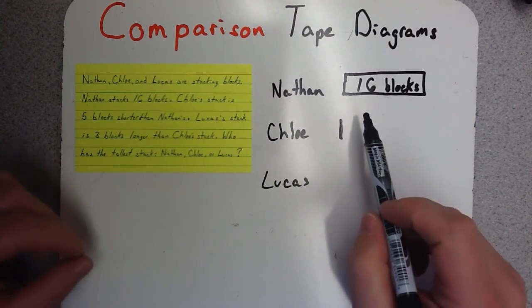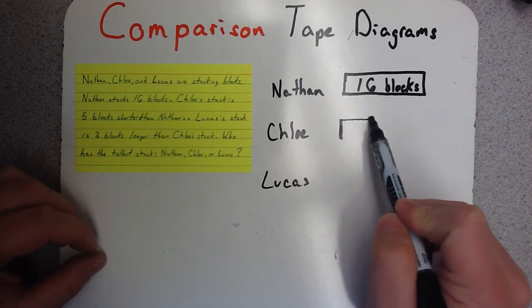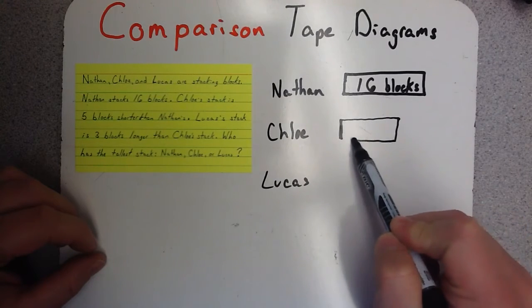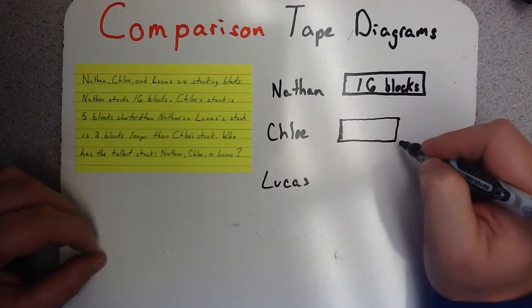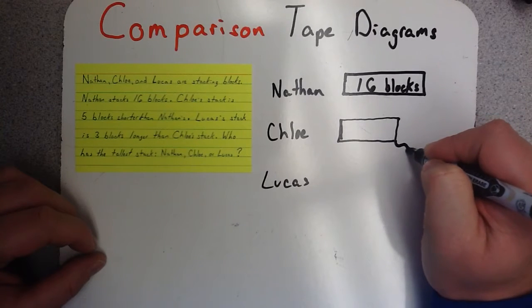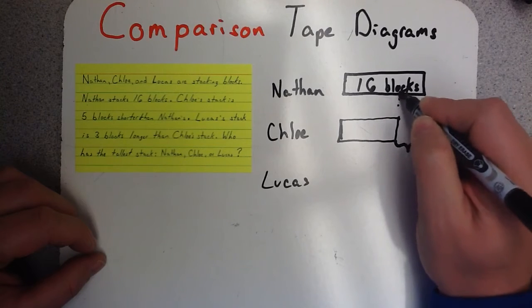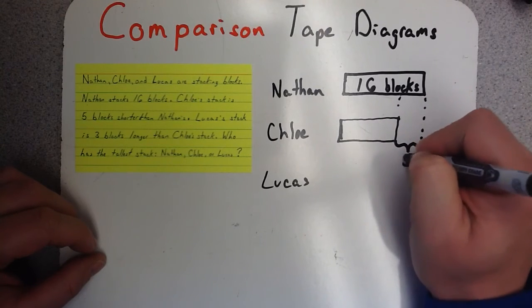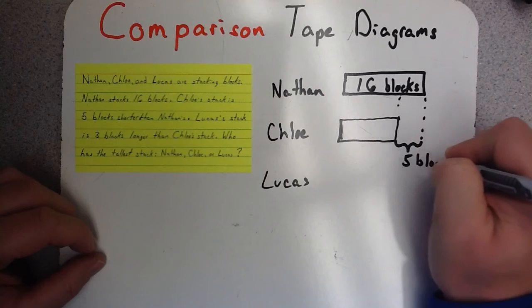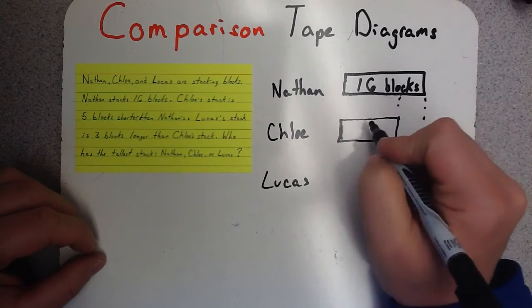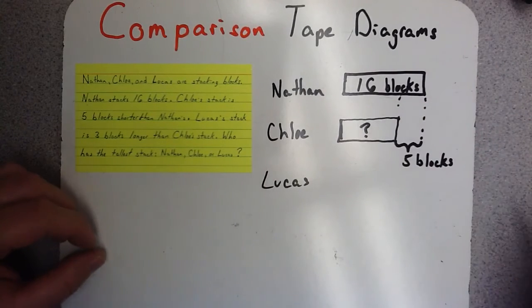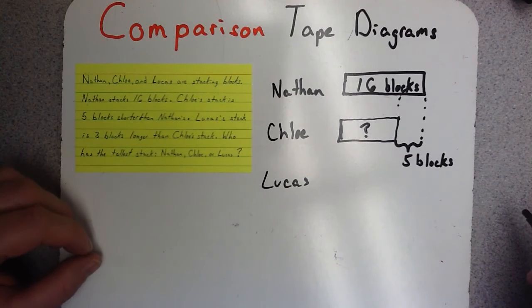We know that is 5 blocks shorter than Nathan's. So we know this distance right here from this point to this point is 5 blocks. Right? But I do not know how many blocks Chloe stacked.